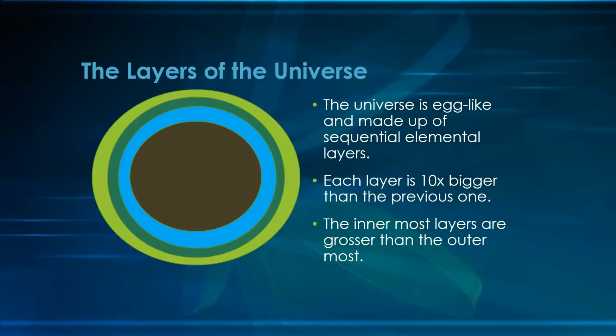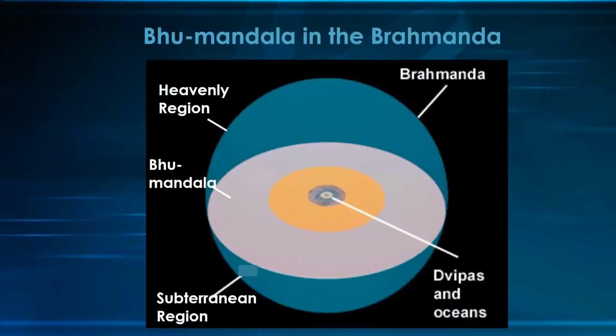Then we looked at how the universe has layers, and how this universe is egg-shaped, or Brahmanda. And there is Bhu-Mandala that divides the Brahmanda into two regions: the heavenly region and the subterranean region. The subterranean region is filled with water.